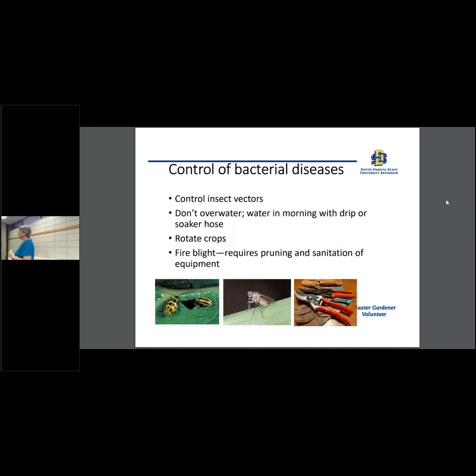Monitor your plants regularly. Watch for those insects. Take care of those insects. Prevent them from getting on the plants if you can. So it's recommended, like on your squash and those type of things, put row covers over them until you see the first female flower.